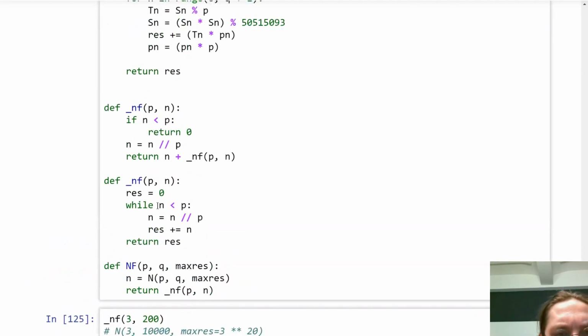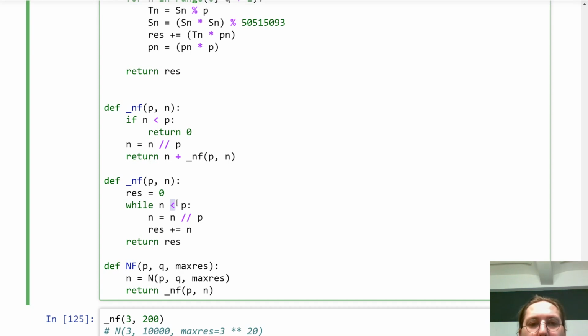So what did I do wrong? N less than P, res, include add-on n. Oh, I think the condition should be n bigger than p.